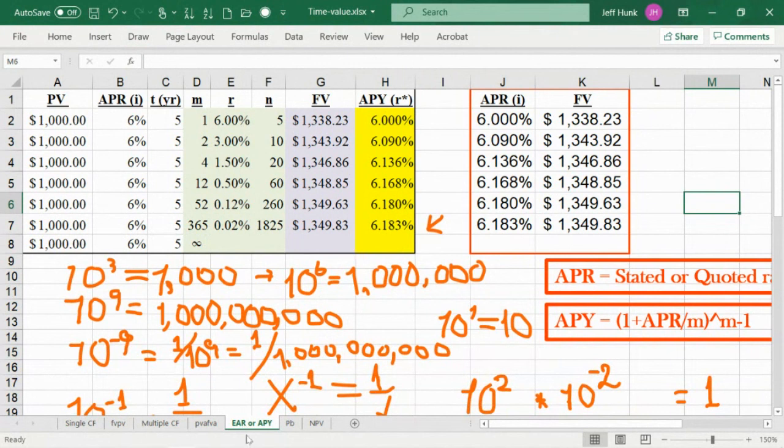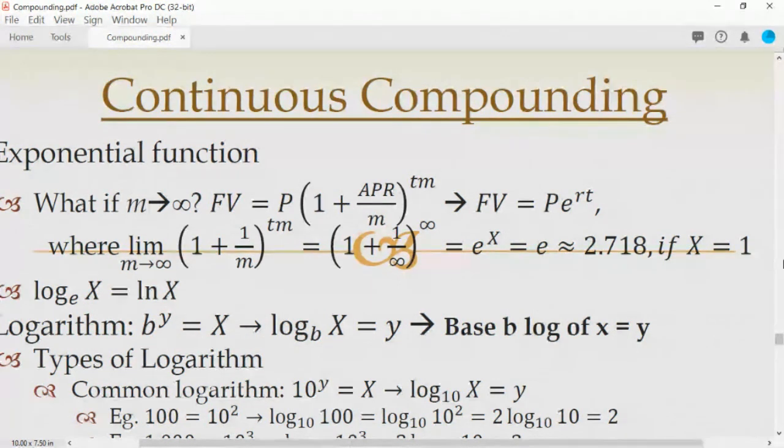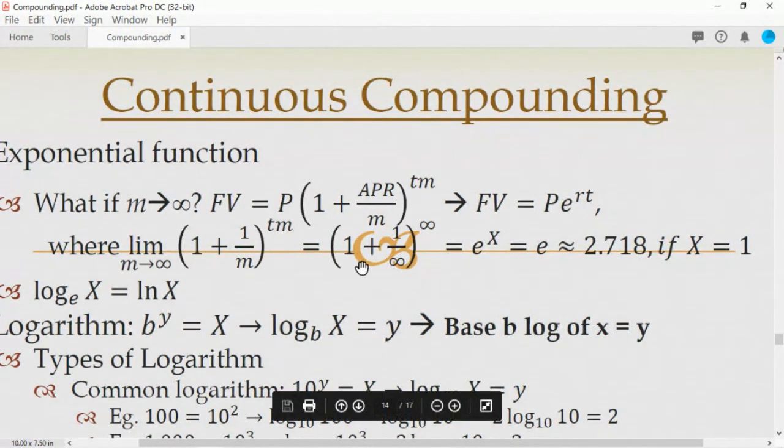in gross terms. You subtract 1 from that, in other words, you subtract 1 from this. This is the result of 1 plus something. So if you subtract 1, it's going to be 1.718. You understand? Subtract 1 from it. Because this is the result of 1 plus this, the whole thing raised to infinity.